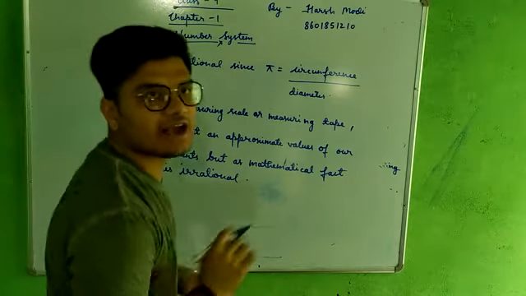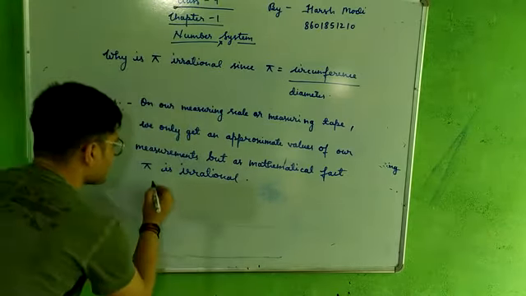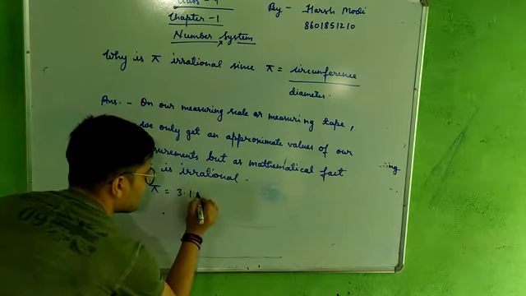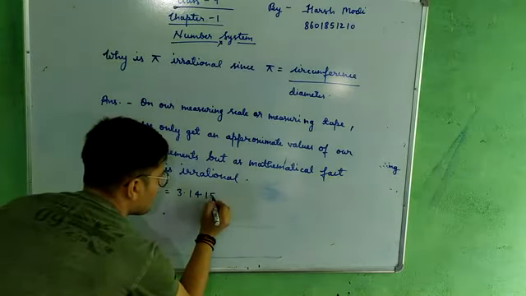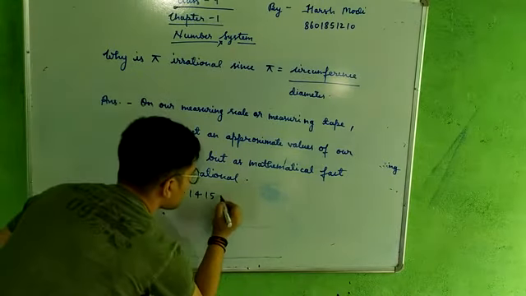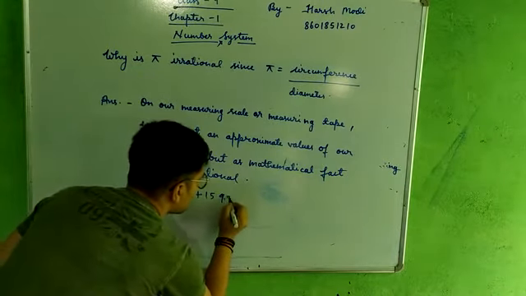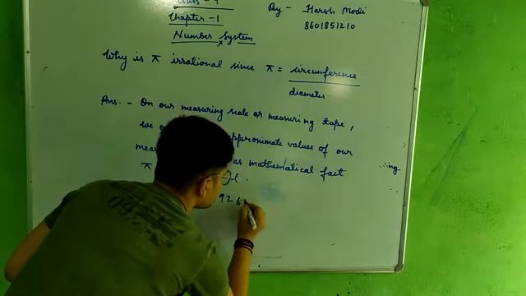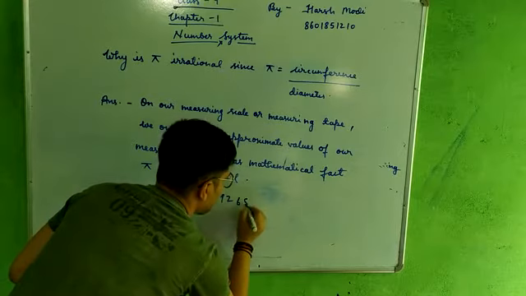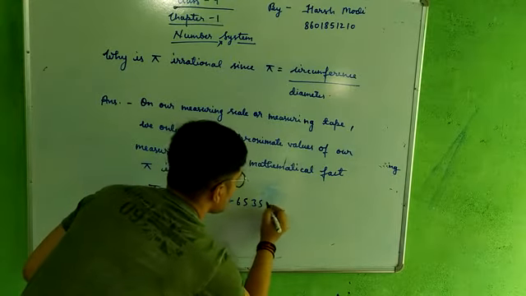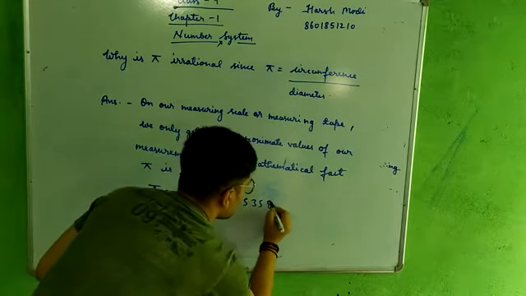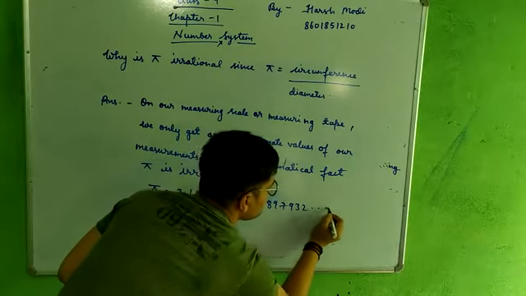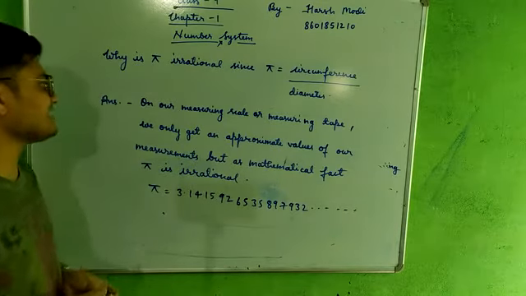Why is pi irrational? Because the value of pi is 3.1415926535897932 and so on up to a trillion decimals.